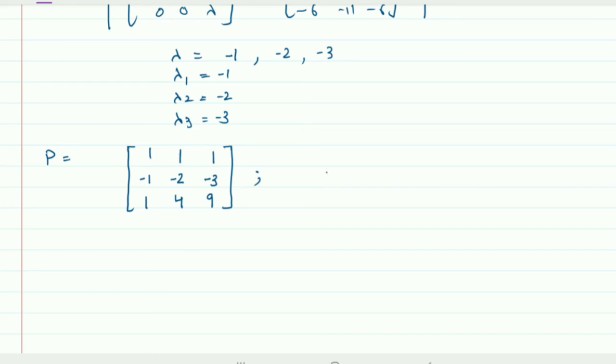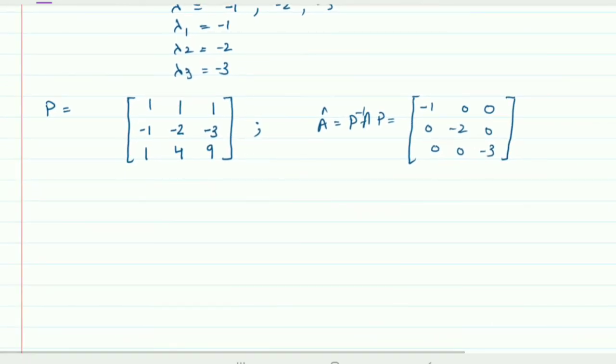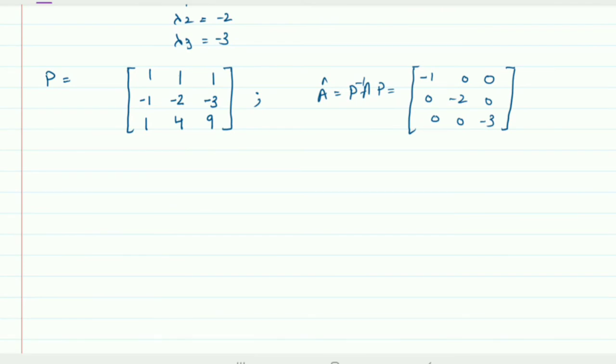We do not have to calculate the A hat matrix, because we know that P inverse AP will always be in diagonal canonical form, because we have distinct eigenvalues. So we will have -1 0 0, 0 -2 0, 0 0 -3. These are the three eigenvalues of matrix A. So the A hat matrix will always be in this form.